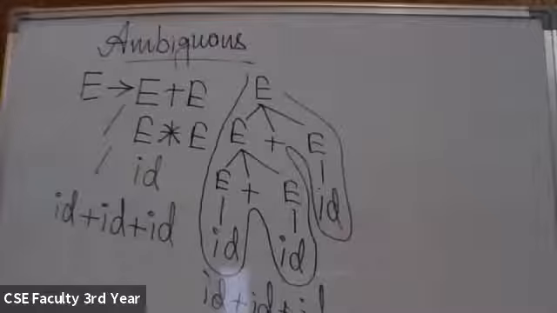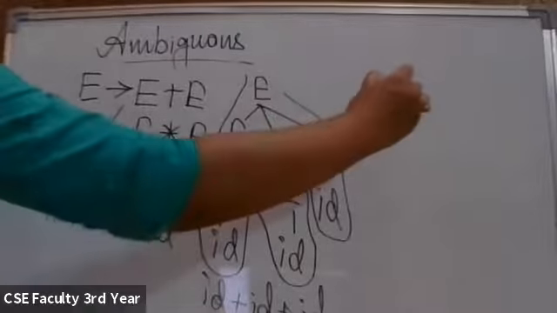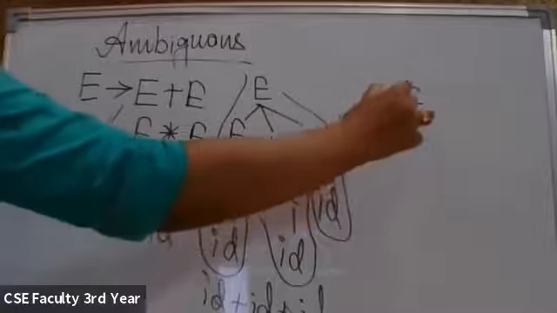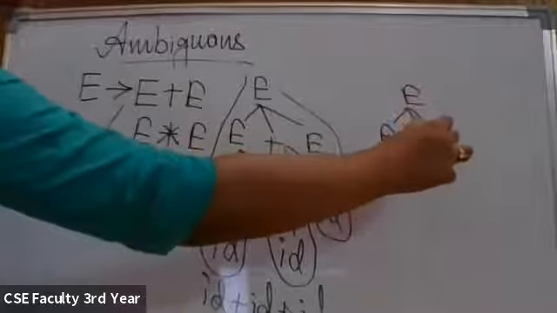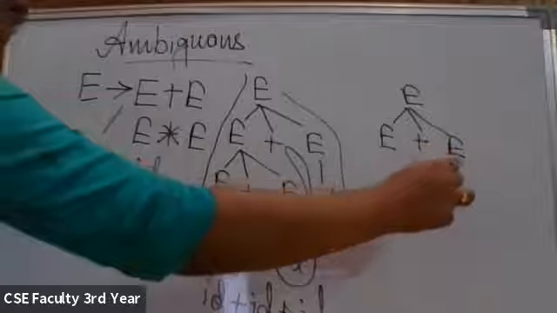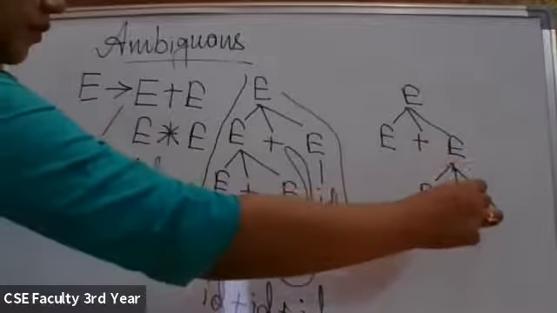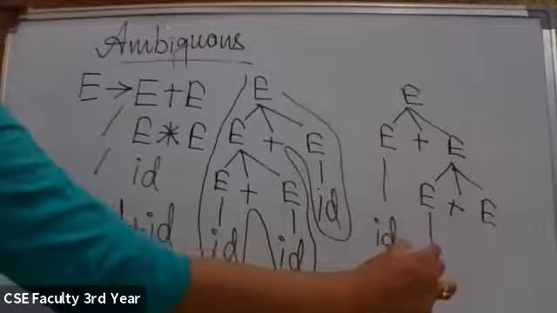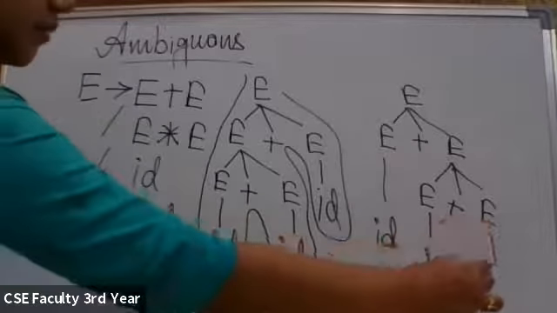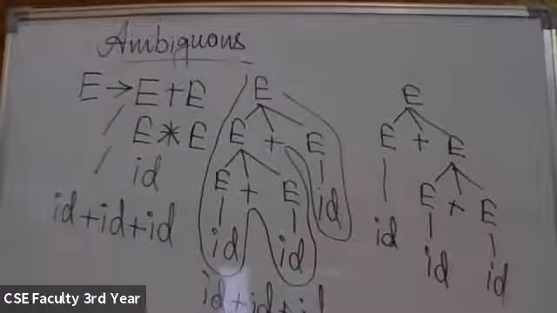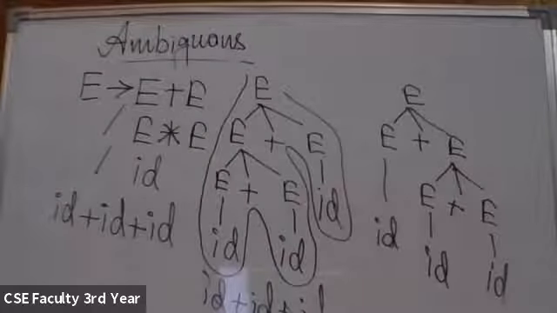What is another possibility? Another possibility is E derives E plus E, and then you can expand this other E. Then also you can get ID plus ID plus ID. So these are the two ways of obtaining this particular input.